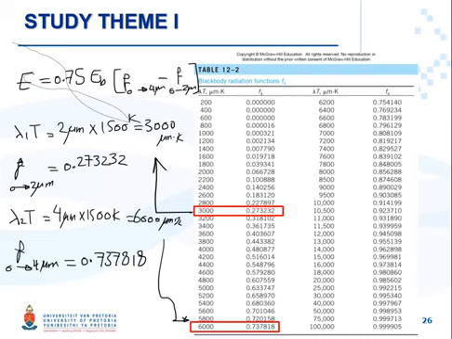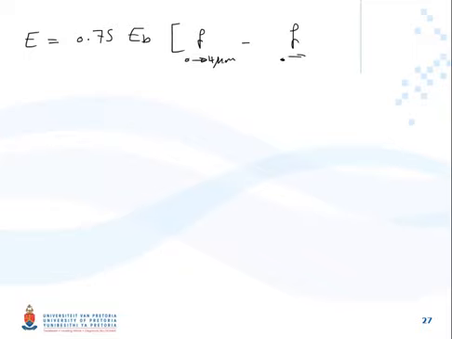So now the only thing that we need to do is to put everything into the equation. So the equation was E is equal to 0.75 EB, that F 0 to 4 micrometer minus F 0 to 2 micrometer. We calculated from the table F 0 to 2 micrometer is 0.273232.